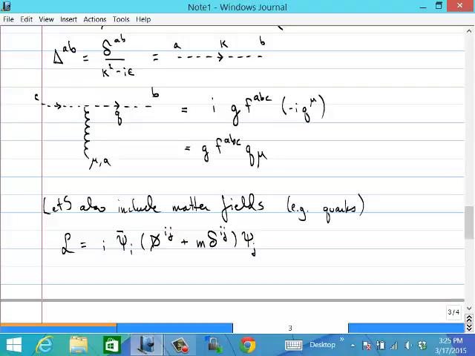So if you wanted to write this out in a little bit more detail, you would expand out that covariant derivative, and you get a psi bar_i times d slash plus, that's d slash minus m, of course, is the Dirac field kinetic term.